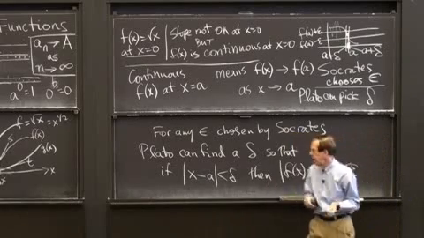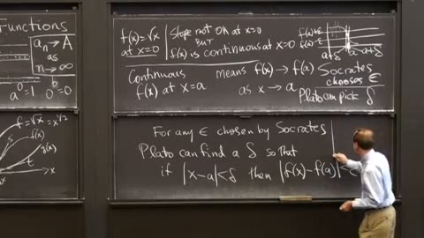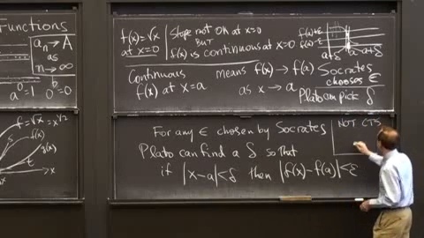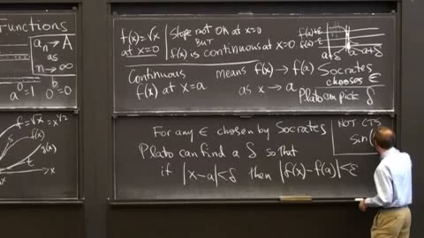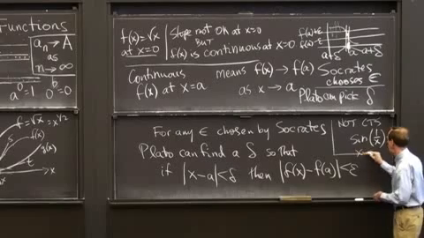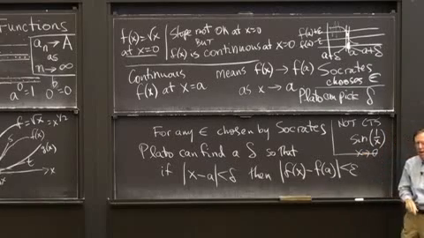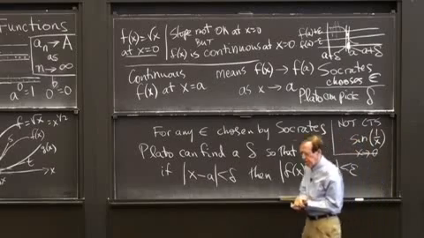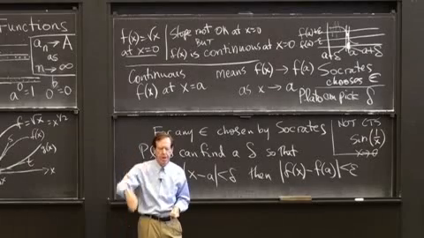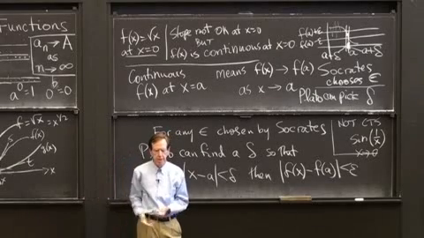Let me show you one that isn't, a famous function that is not continuous. Here, let's take sine of 1 over x as x goes to 0. What happens to the sine of 1 over x when x goes to 0? Well, the sine, we know, oscillates minus 1, plus 1, minus 1, plus 1.